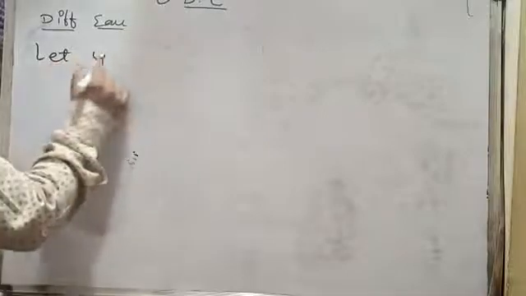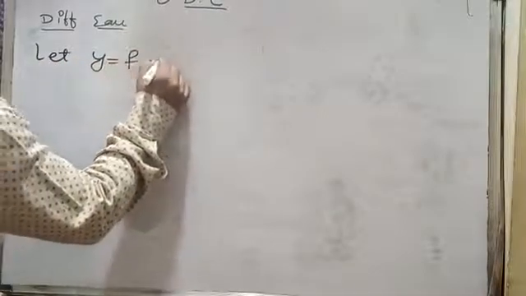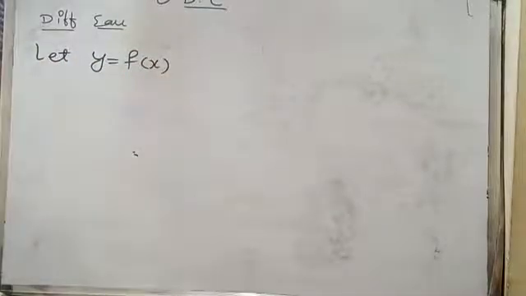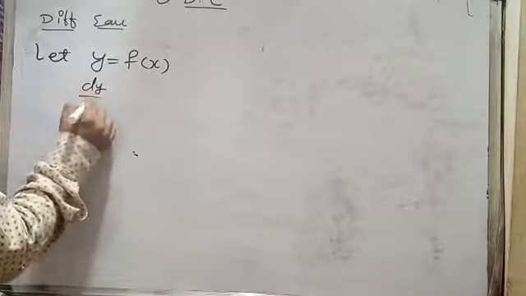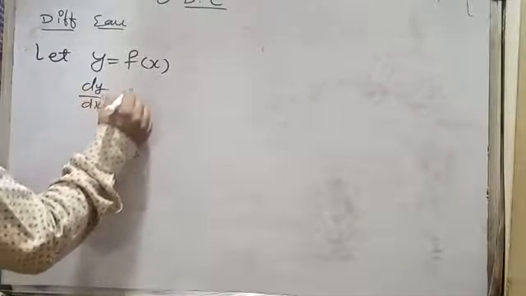So let us consider a function. We know how we denote a function: y is equal to f of x, right? Y is equal to f of x is a function. Now if you differentiate this, what are we going to get? The derivative dy by dx is equal to f dash of x.